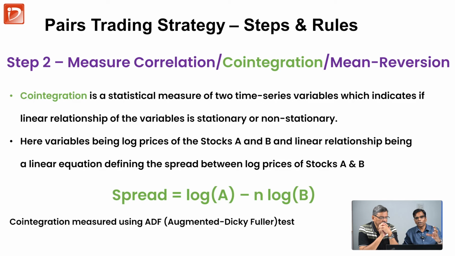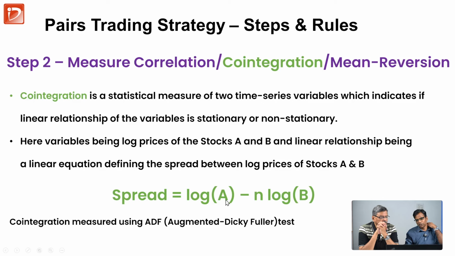Here the variables that we are looking at are the log prices of stock A and stock B, and the linear relationship is a linear equation. This linear equation defines the spread between the log prices of stocks A and B: log of stock price A, log of stock price B. And what is N?